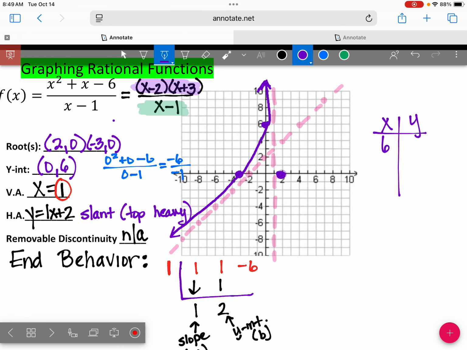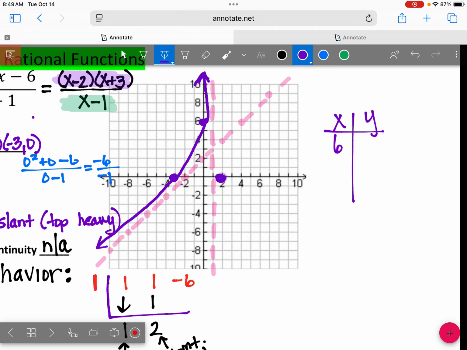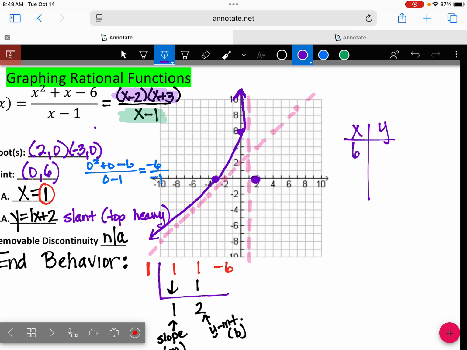And again, you have an option of which form you want to use to substitute it in. I think I'll use the original. 6 squared plus 6 minus 6 over 6 minus 1. But you get the same answer.